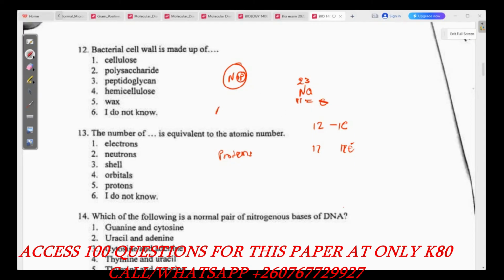So atomic number is equivalent to the number of protons of an atom. The number of protons is equivalent to the number of electrons of an atom. So option 5 for question 13. That's it.